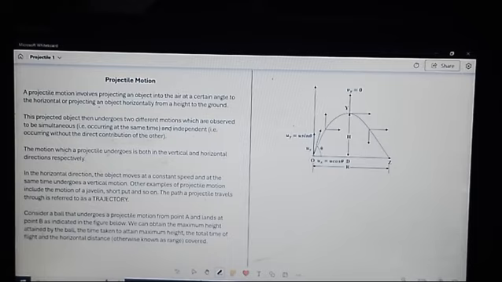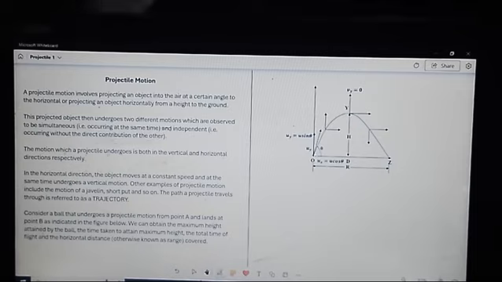When you project the object at an angle theta to the horizontal, the object follows this direction. This is the curved path, parabolic path. Now, as the object is going up towards this direction, it is undergoing a vertical motion, and at the same time is undergoing a horizontal motion.